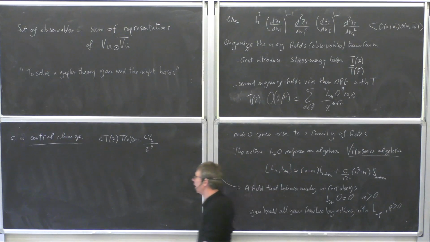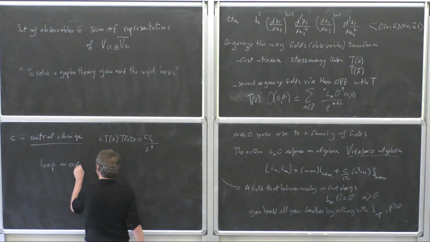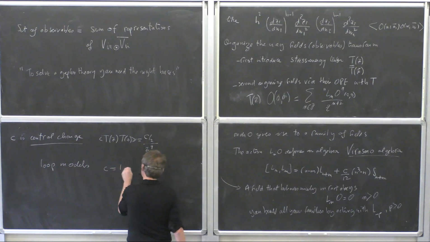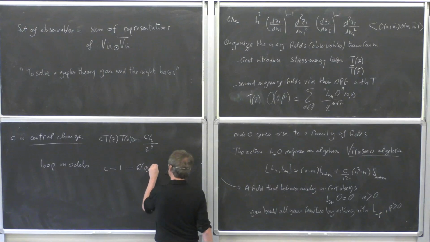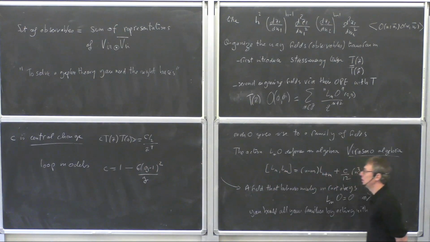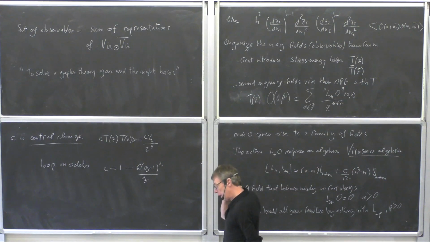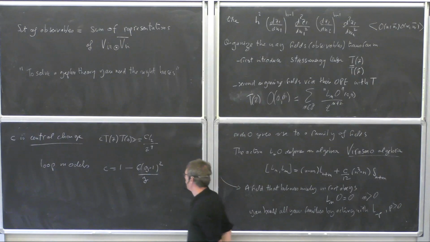It looks abstract, but I can tell you now that for loop models, the central charge is known, and it is 1 minus 6 (g minus 1) squared over g. So this is something we could calculate. I'm not going to do it, but it would follow from the same kind of considerations we have pushed forward so far.